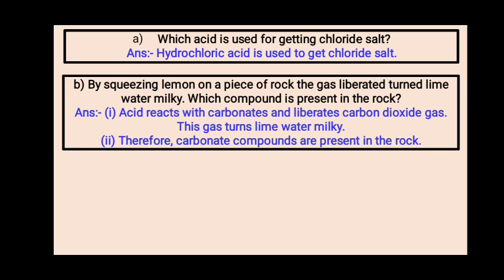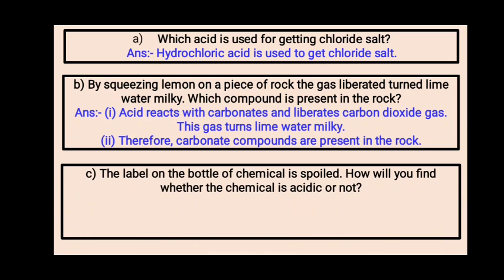So, therefore, the carbonate compounds are present in the rock. So, that rock which was present, it was made up of carbonate compound. So, when acid comes in contact with that carbonate compound, the gas which is given out is carbon dioxide gas, and it makes that particular rock or any carbonate compound whitish in color. So, it makes it milky.